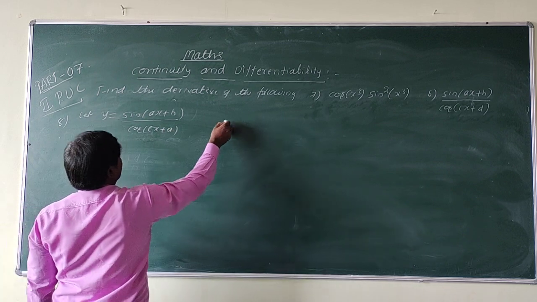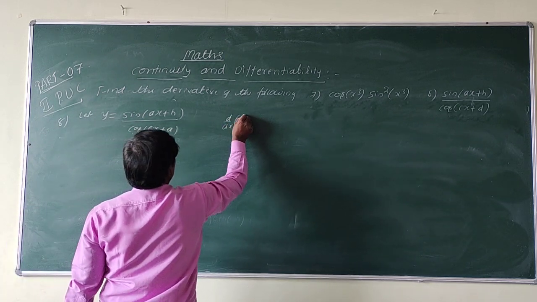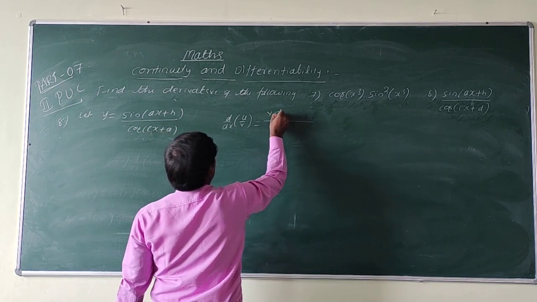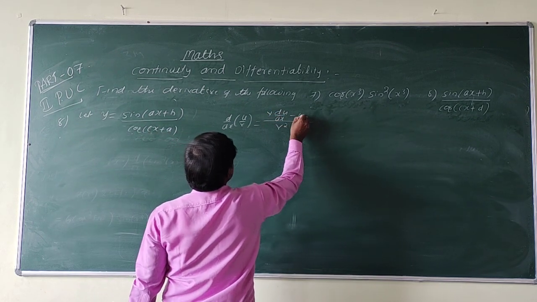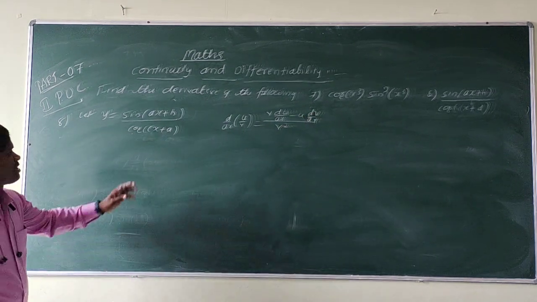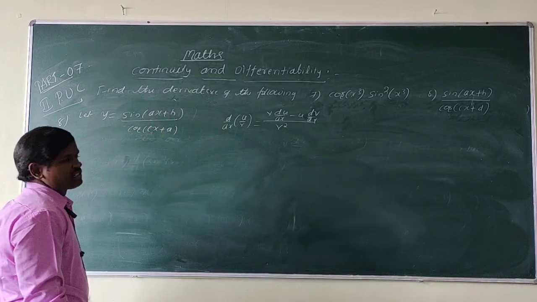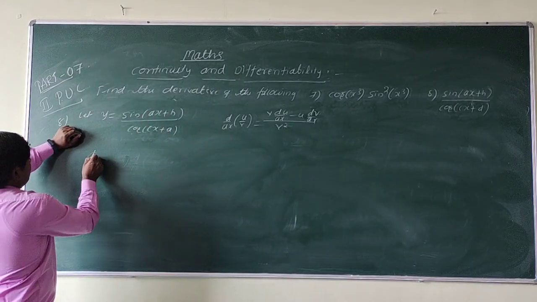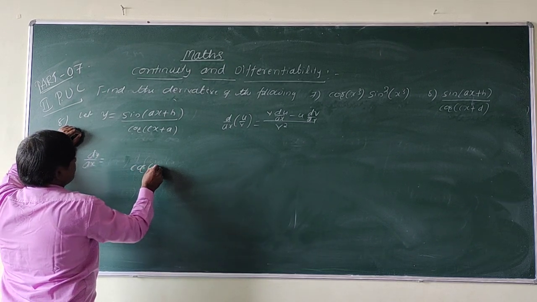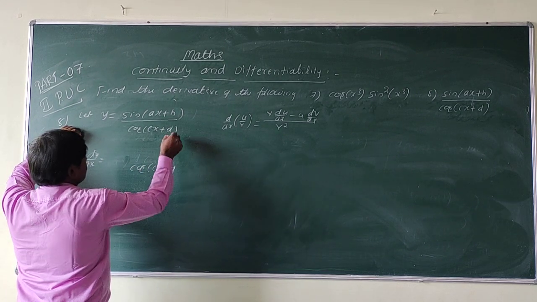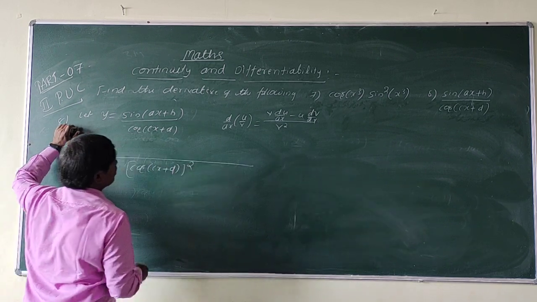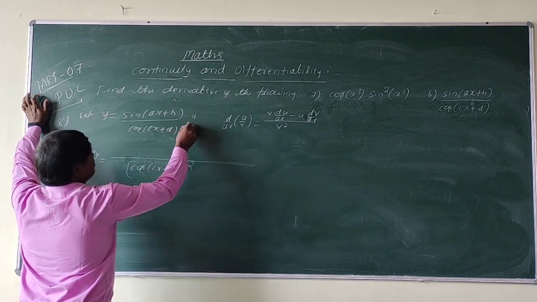So d by dx of u by v method, that is v into du by dx minus u into dv by dx, over v square. Apply this formula first, then we are going to differentiate. So dy by dx is equal to cos of cx plus b whole square over. So this is u, this is v.